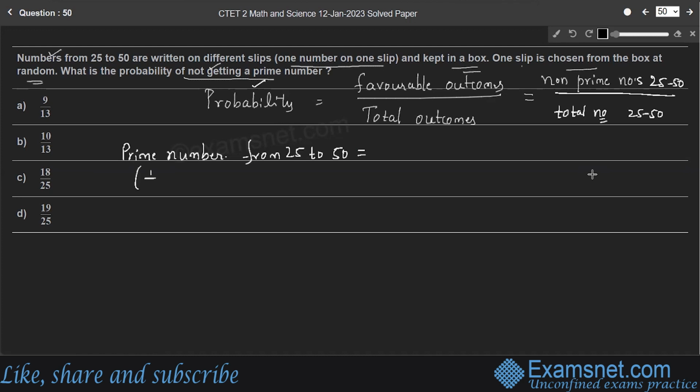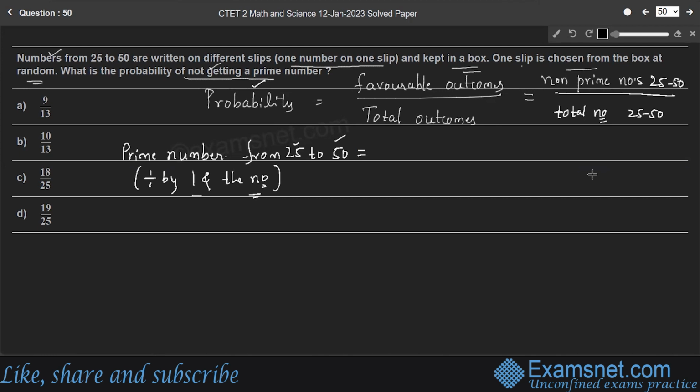For example, 7 is divisible by 1 and 7 itself, and even 11, 13, 19, 17. In the same way, we look for numbers from 25 to 50 which are divisible only by 1 and the number itself. These are prime numbers.